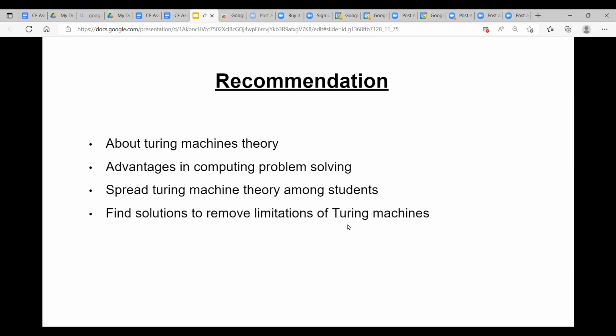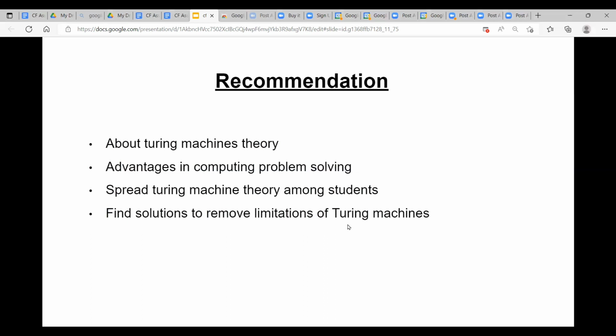Let's see some advantages of Turing machines. Unlimited memory, capability of simulating general computers, helping classify problems, and simplifying the statement of algorithms are some major advantages of Turing machines. You can see how these advantages help people solve computing problems.